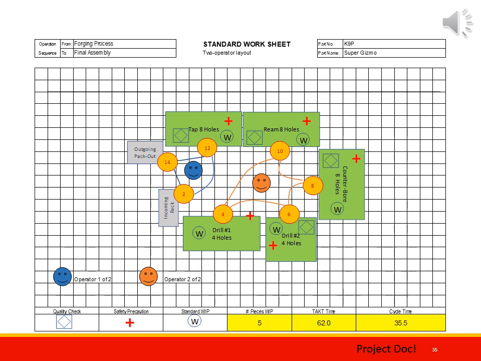Operator 2, the orange guy there, starts with the drill press. And then this individual goes to process 2, does a drill, and then does a counterbore, and then reams some. What's operator 1 doing right now? Nothing. Operator 1 is sitting there doing nothing. Well, that's a waste. That's an absolute waste.